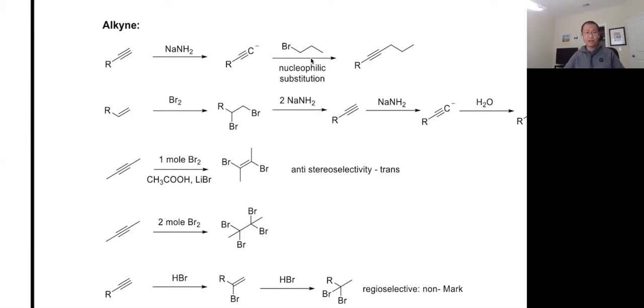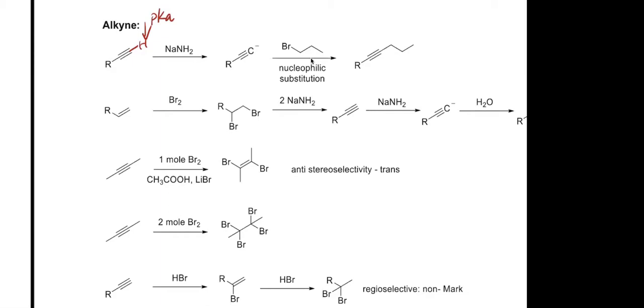Alkyne. The first reaction for alkyne involves the sp carbon CH bond. The proton on the sp carbon is slightly acidic. Does anybody remember what the pKa is? Is it 4.5 or like 5?